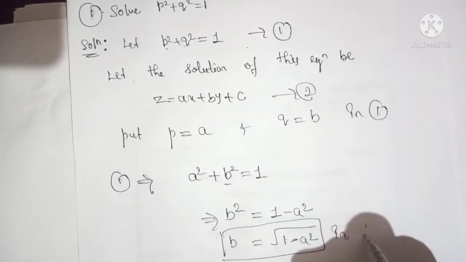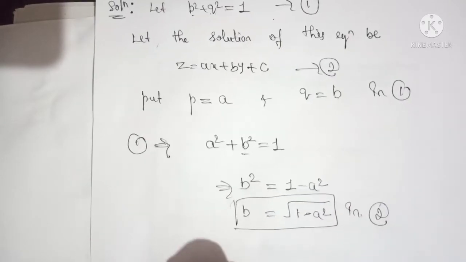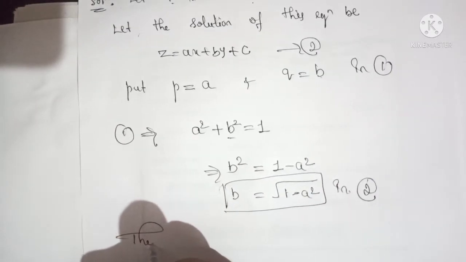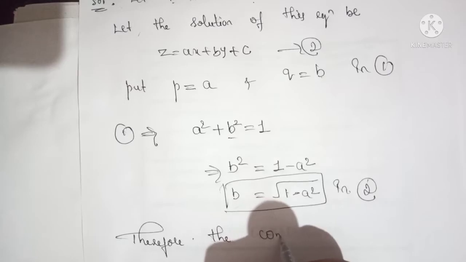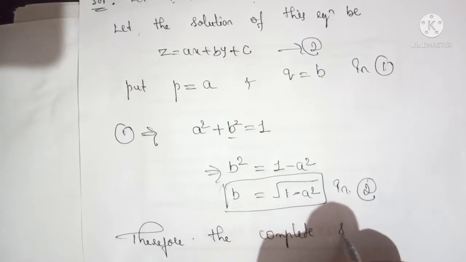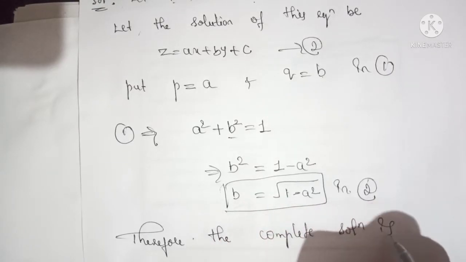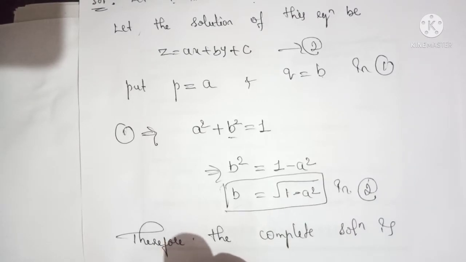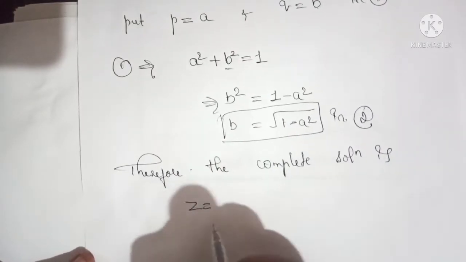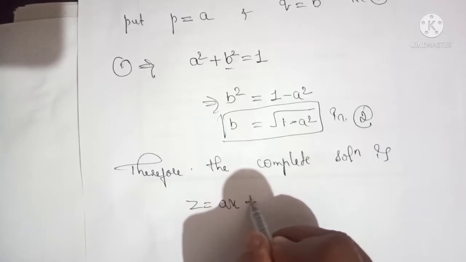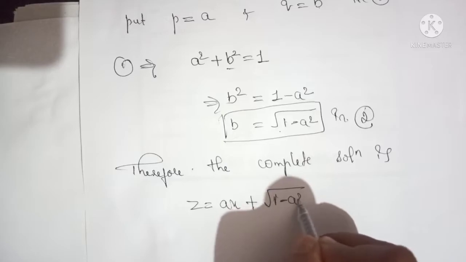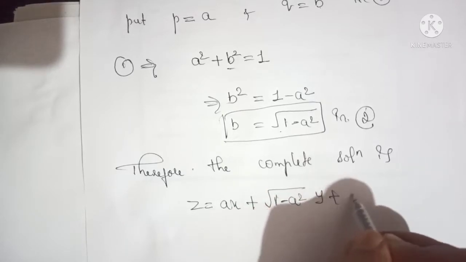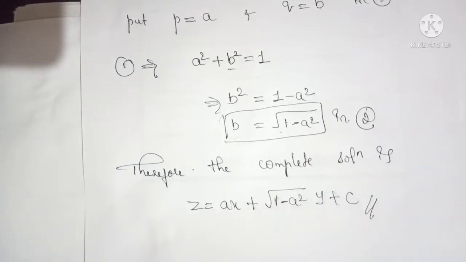So therefore the complete solution is Z is equal to AX plus square root of 1 minus A square into Y plus C. So this is the required solution.